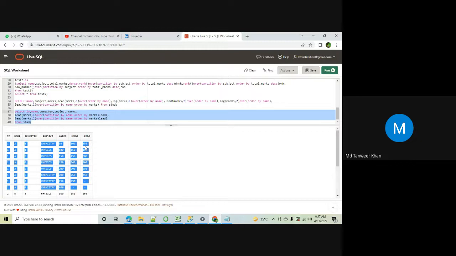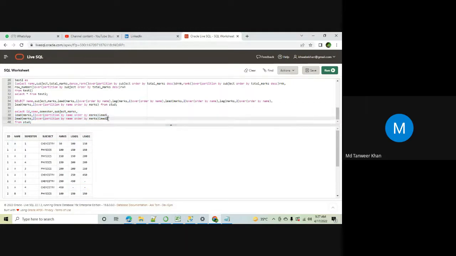Is this clear? I have one query. Inside the over clause, is this partition by and order by mandatory to write, or is it optional? Yeah, it's mandatory. If you remove that, it will throw an error message. Let me show you that. This will throw an error.